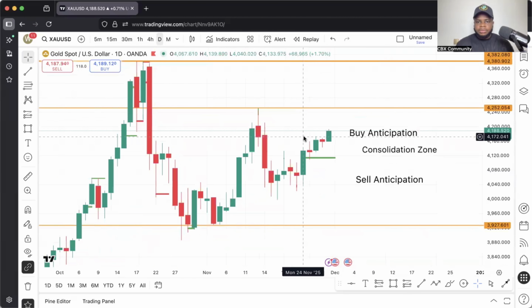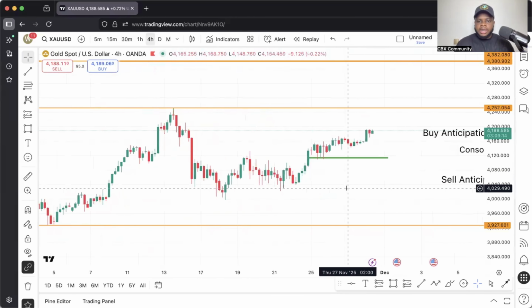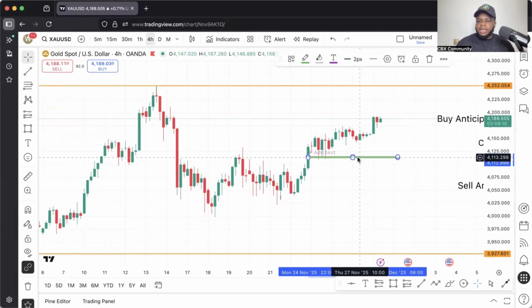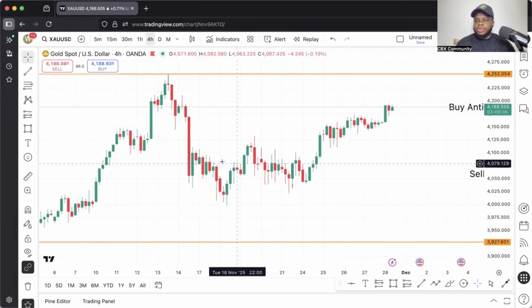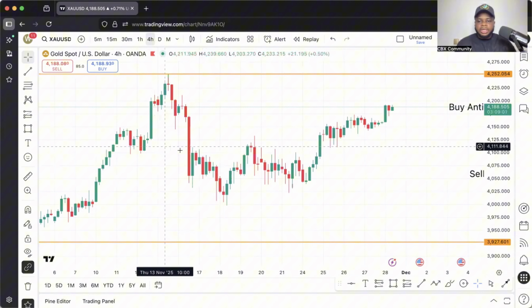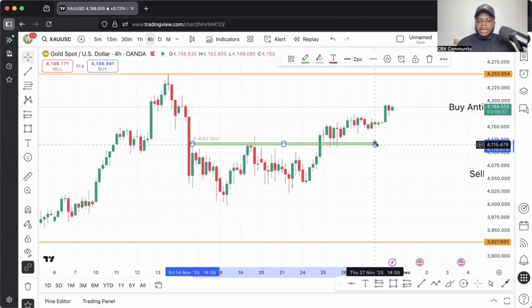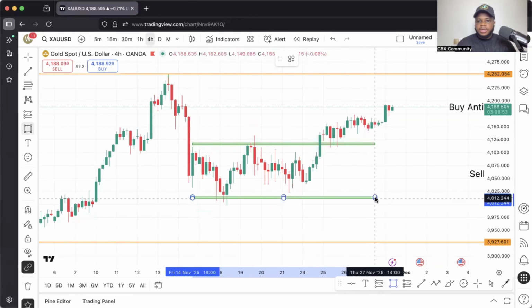Let's go to the 4 hours. On the 4-hour time frame, I can identify a consolidation zone. Let's delete this line. This market structure was just printing side by side, which is a consolidation zone, where we have a resistance zone over here and a support zone over here.